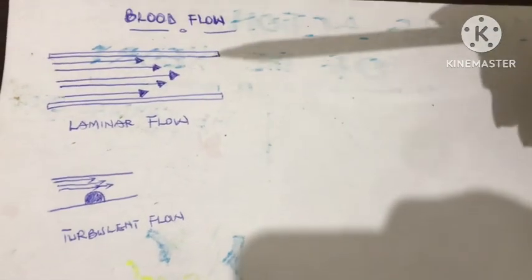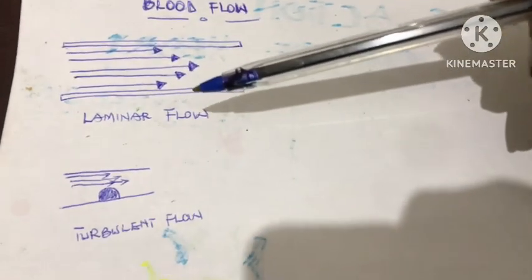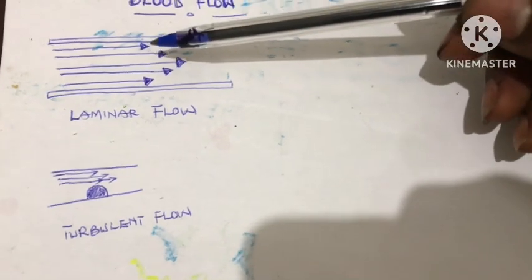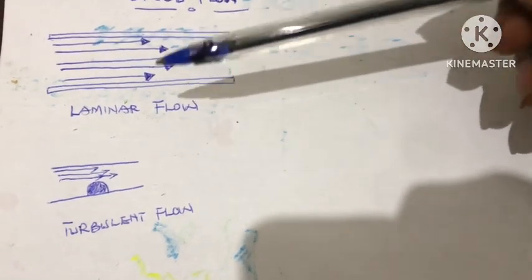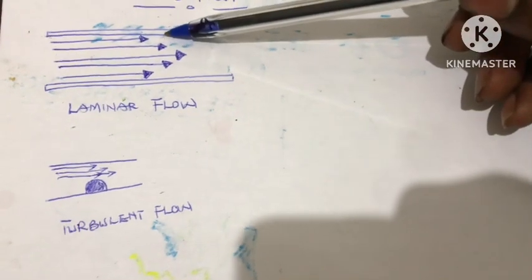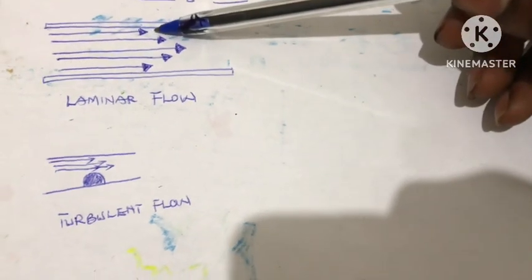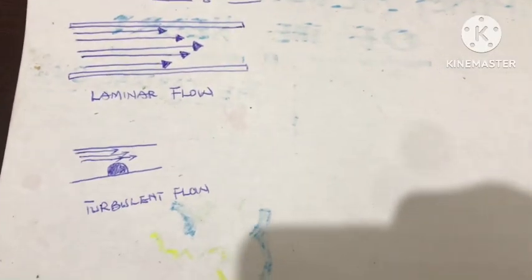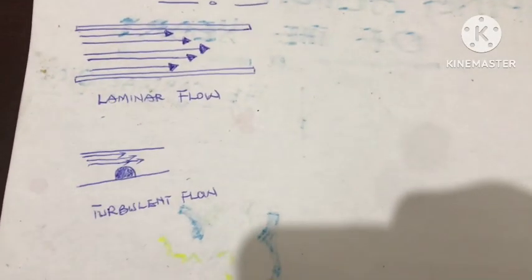You understand? So that's laminar flow. The blood close to the walls has a low velocity because of the resistance that the walls exert on the flow. But in the center, the blood is free and moves with high velocity.